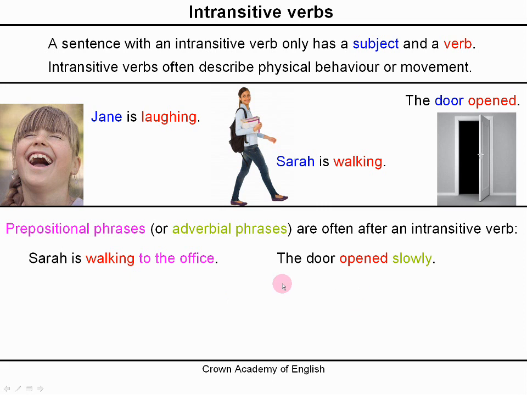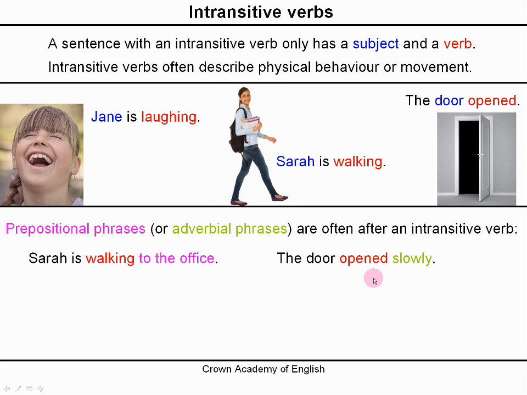We can also use an adverb. Slowly, this is an adverb of manner. It tells us how something happens. So here we are saying the door opened slowly. But again, this is not a direct object, because we can ask the test question, the door opened what? Well, there's no answer.